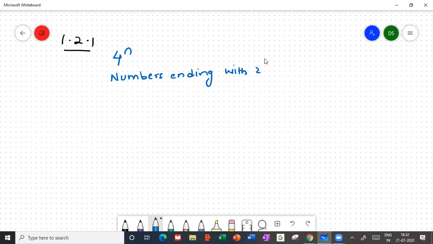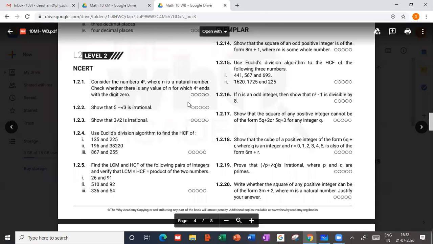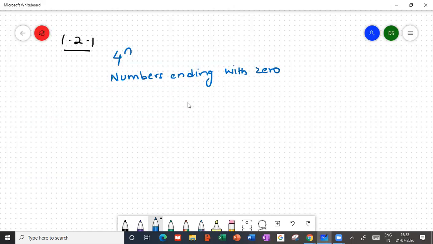Oh, actually they said ending with 0, right? Yeah, ending with 0, not 10. Sorry. What I wanted to say was 4 to the power anything will never end in 0, isn't it? Any number with the units place as 0.